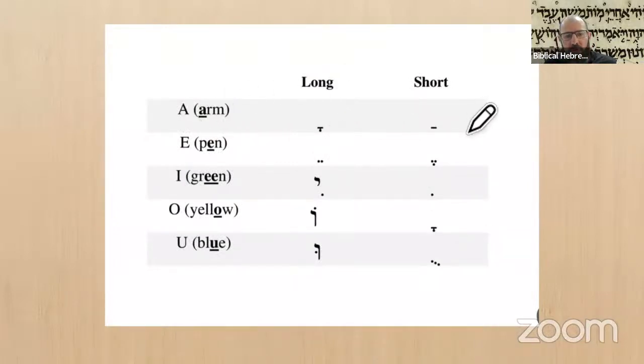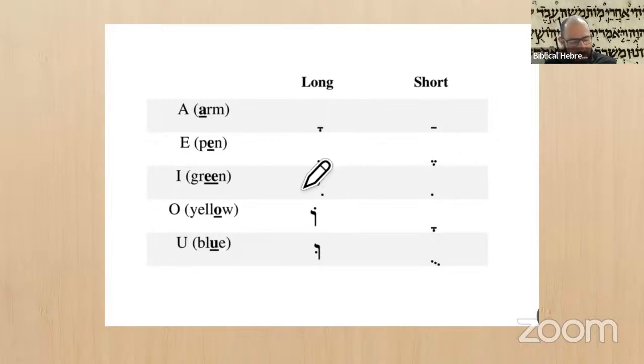We say the long one and the short one, we call it the kamats, and then the patah. Like pen, when you see 2 dots below, long, and then short, 3 dots, segol, shorter.